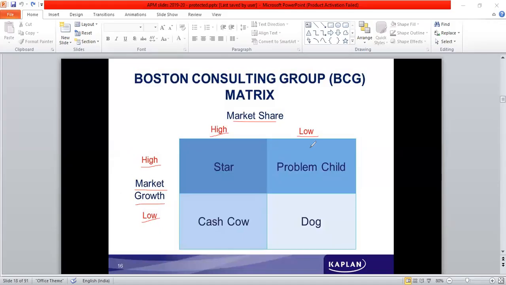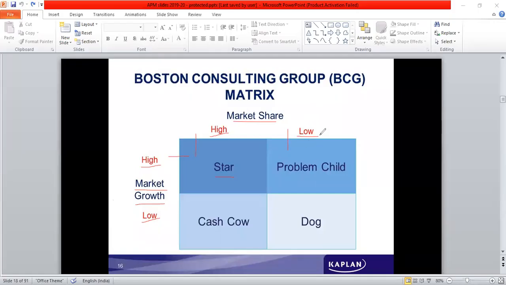Fine. In this categorization, if the market share is high and the market growth is high, both on the higher side, those firms are called stars. Let's say the market share is not high, which means they were not very successful in capturing the market. The customer base is very low.